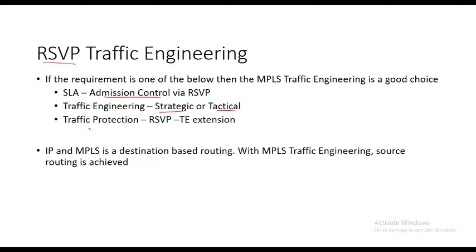IP and MPLS, okay, it's a very important point. Without RSVP, simply using IP MPLS is destination-based routing. What is destination-based routing? Traffic is going from 1.1.1.1, it goes to 2.2.2.2. In the middle, you have PE router, and you got a lot of provider-only routers.